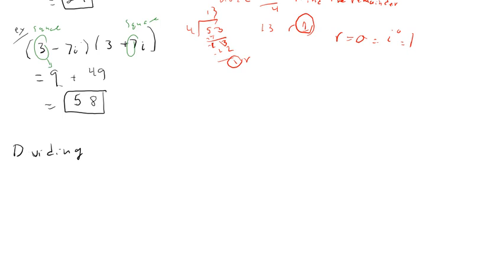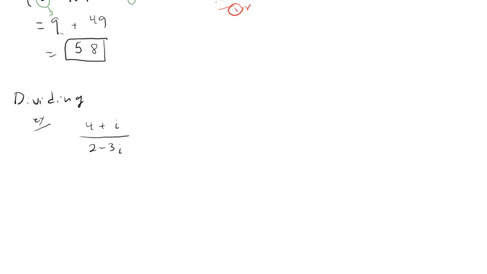So with dividing, you have something like, let's say we have the complex number 4 plus i, the top number, divided by, I'm going to write it like a fraction, 2 minus 3i. 4 plus i divided by 2 minus 3i. How do I do this?